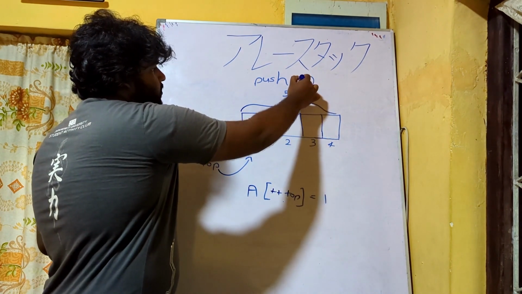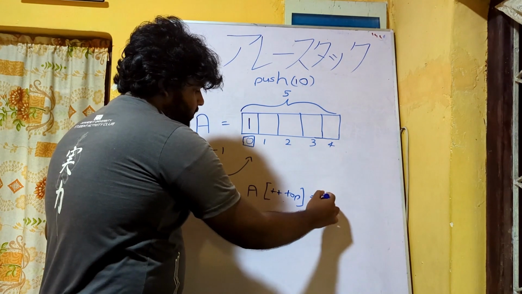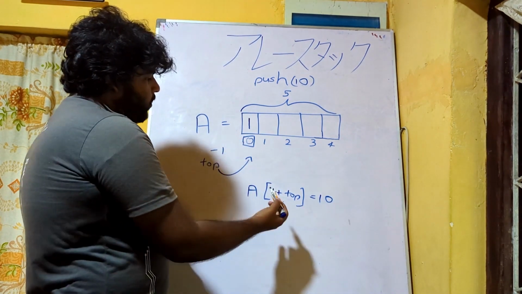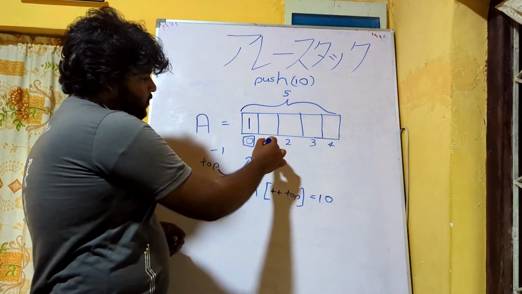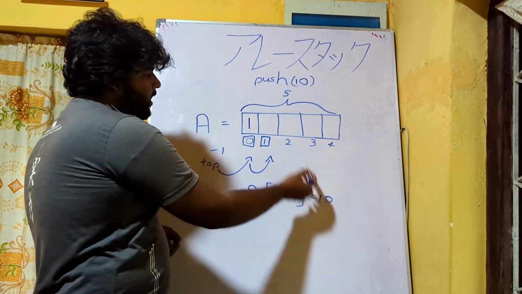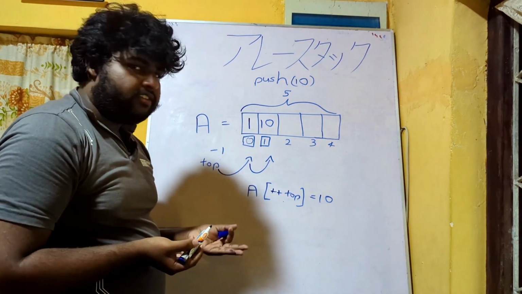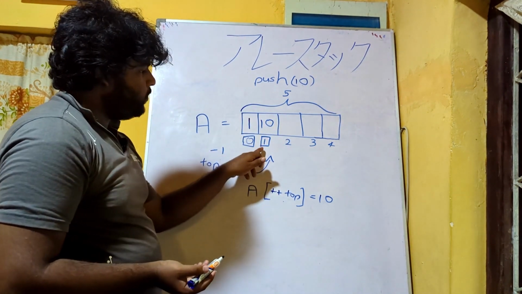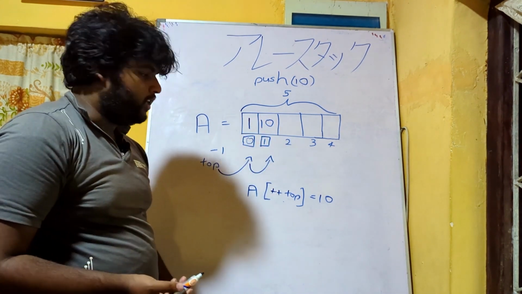Next, I'm going to insert 10 into my stack, and here 10. So my bunny will hop one more to the first index and 10 will be added. Right now, if I ask my bunny where is the head of my element, it will show the first index.